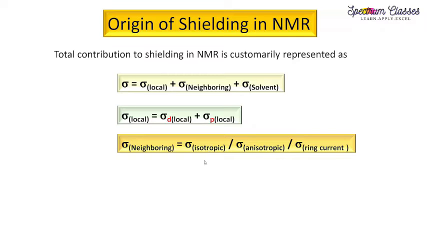If you have three dimensions x, y, and z, and you are going to study any effect, and if that effect is the same from all three directions x, y, and z, then that is called isotropic. If the effect which you are going to study is different from different directions, then that is termed as anisotropic. And ring current is applied for aromatic rings. So we are going to discuss this later.